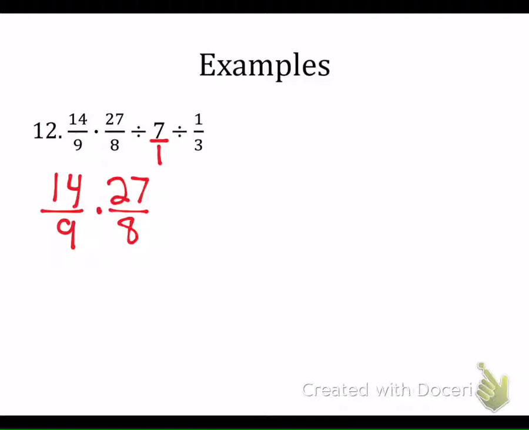The 27 over 8 is fine. Now, remember, multiplying and dividing happens from left to right. So technically here, I'm going to keep, change, flip.